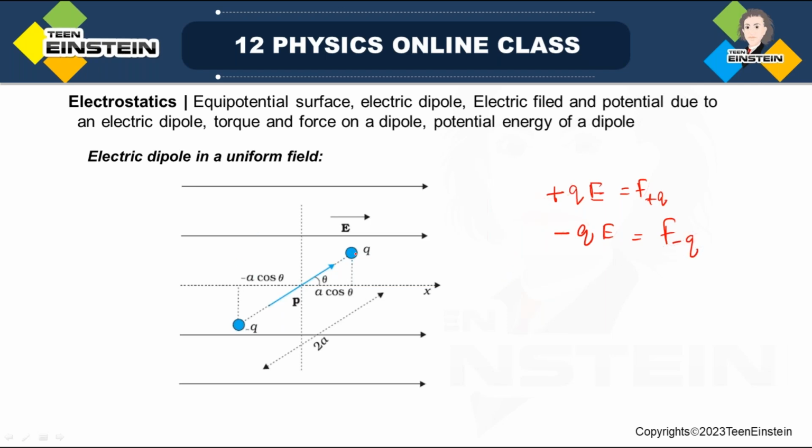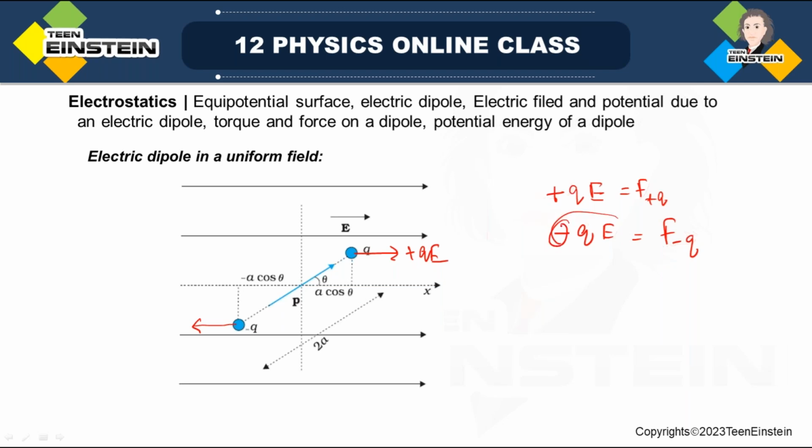If I draw the force here, the electric field attracts the positive charge and repels the negative charge. So this is qE on the positive charge, and in this direction it repels the negative charge, so the force will be in the opposite direction.